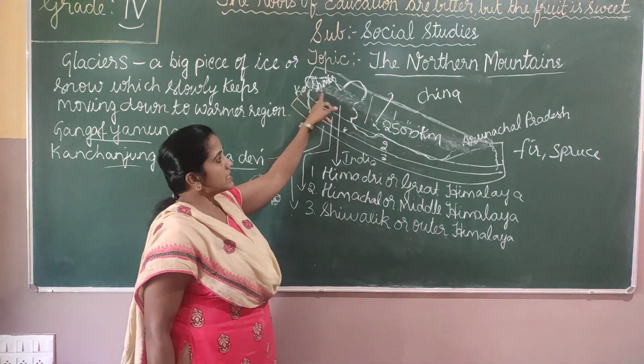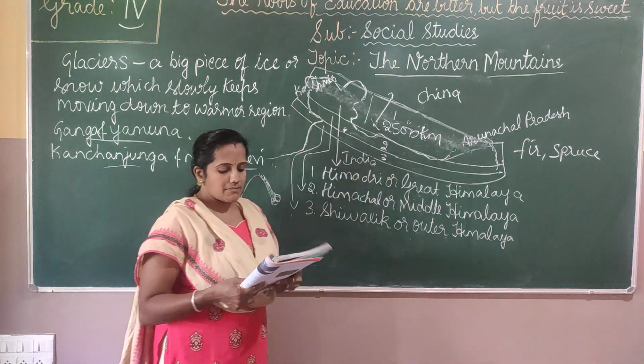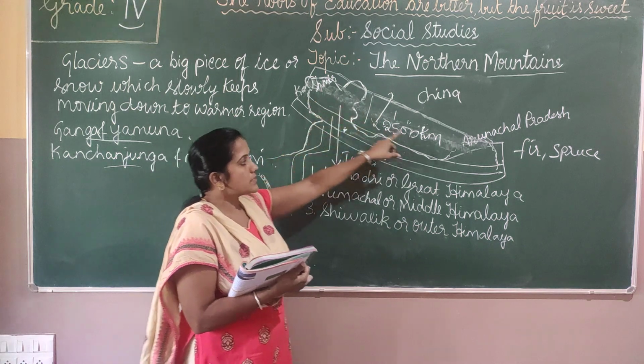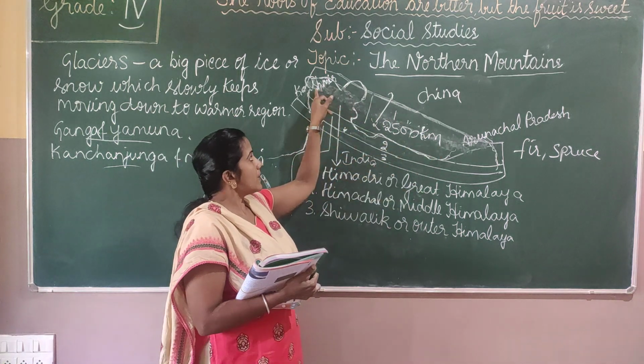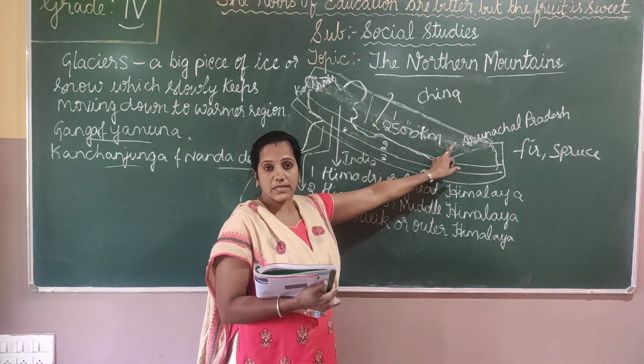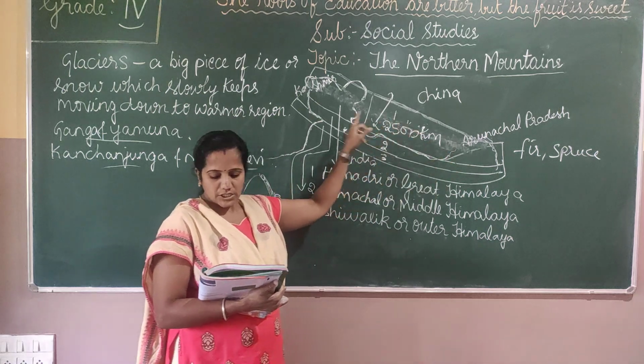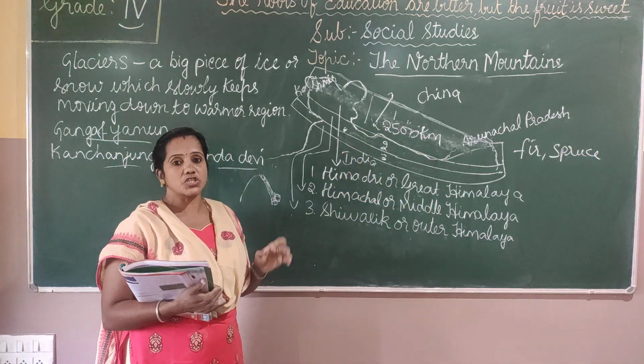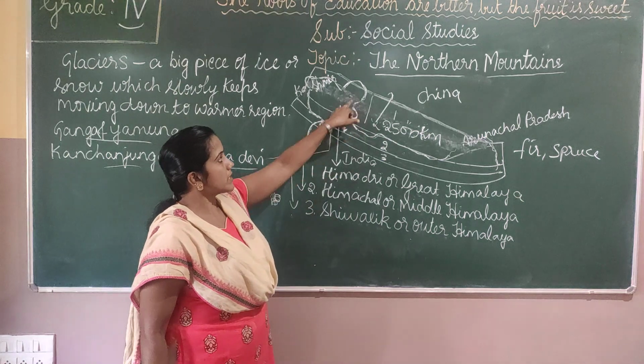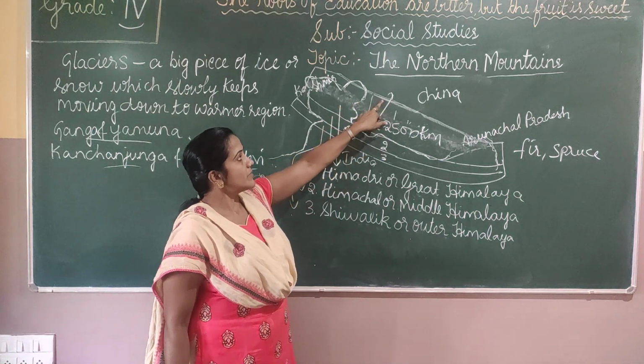Himadri is the longest and continuous mountain range. It dominates a large section of the Himalayas. You can see it is the big one, from here to here.